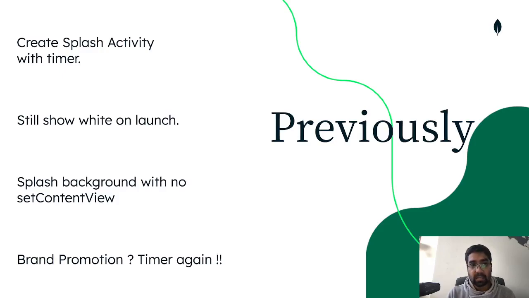But then another problem which came after this was that your product team or your branding team will say that brand promotion has been reduced a lot. So at the end of the day, to fix this, you had to add a small timer, which is like going back to the first step, right?